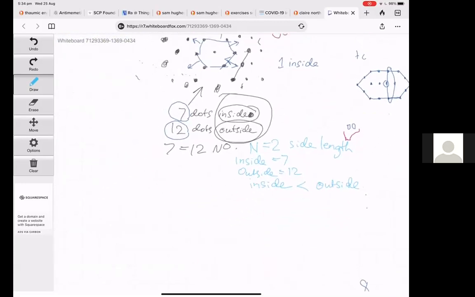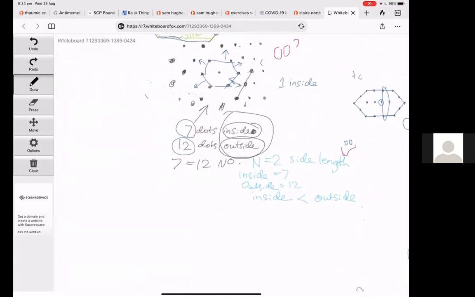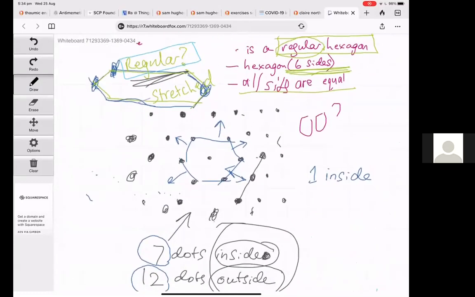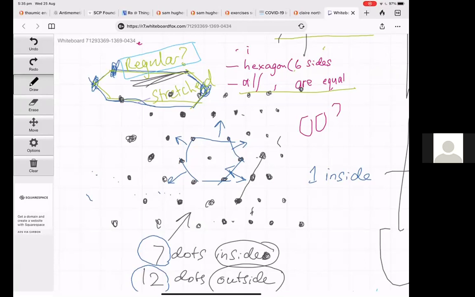Okay, what about if there's even more? I'm going to draw more dots. Can people see in red? I'm going to draw a 4-sided hexagon this time.